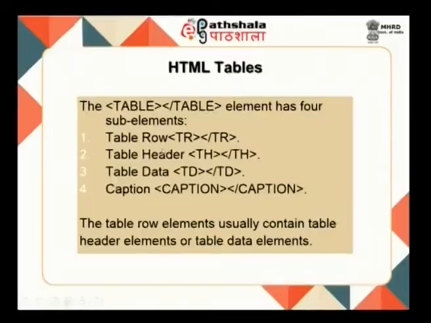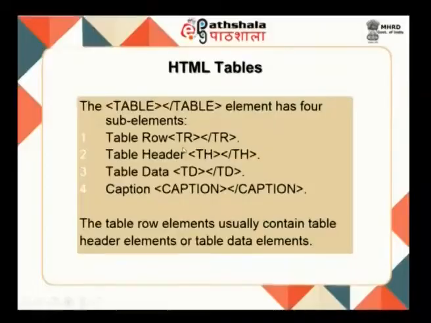And what are the table elements? When you want to create a table, it starts with a table tag and it ends with a table tag. So, we know about the opening tag of a table and a closing tag of a table, and the sub elements of a table are table rows, and within a row we may have header rows or we may have data rows.